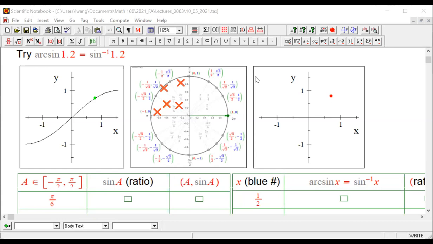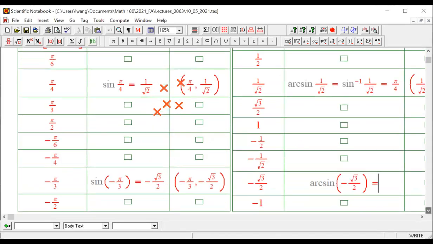Otherwise, we don't have the one-to-one. Ratio to angle, the output has to be unique. So the answer here has to be negative pi over 3. It cannot be 5 pi over 3, or anything that flies over that no man's land. Did I make myself clear?